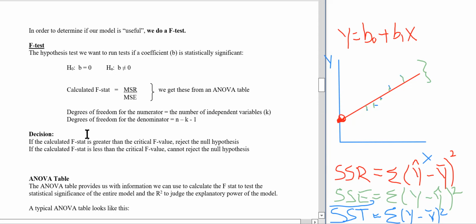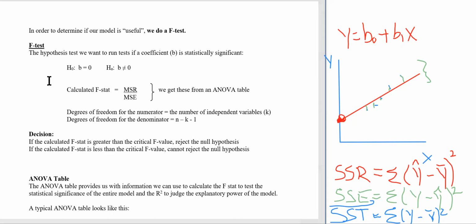How do we make a decision? You're going to calculate your F, and then you're going to compare that versus some sort of critical value or rejection value. And here's your decisions. If the calculated F stat is greater than the critical value, then you reject your null. And the null might be something like the beta is equal to 0, the beta is not statistically significant.